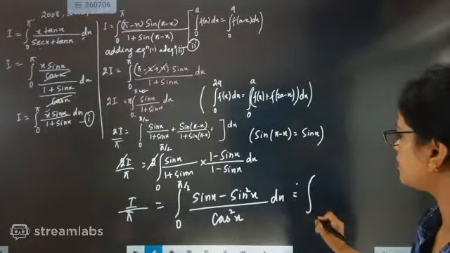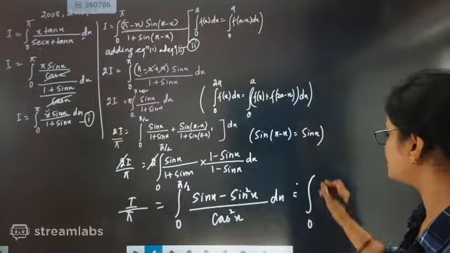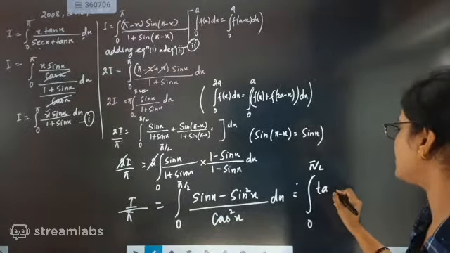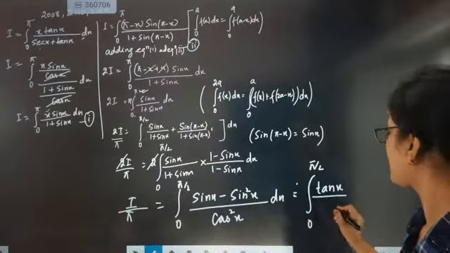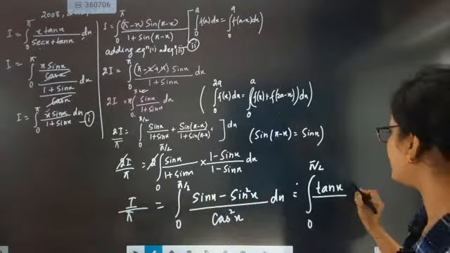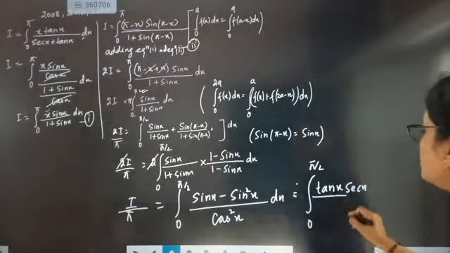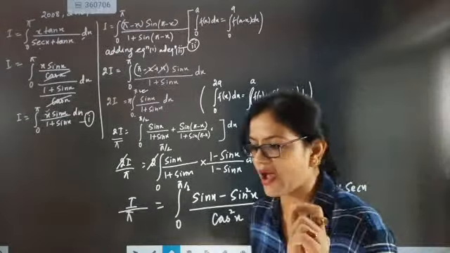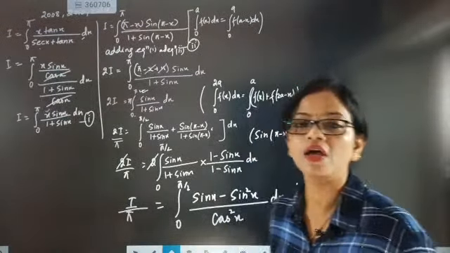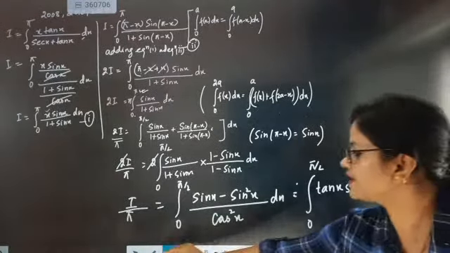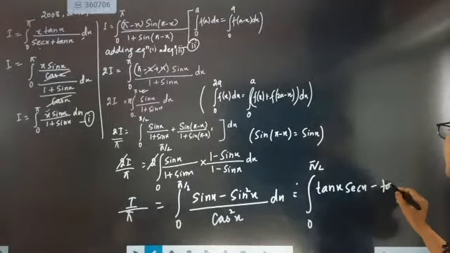Now separate this one out, it is going to come as 0 to pi by 2 sine x by cos square x, again coming as tan x into secant x. Same answer. It is taking you to the same pattern answer, what you solved in the previous part. Minus tan square x is coming.